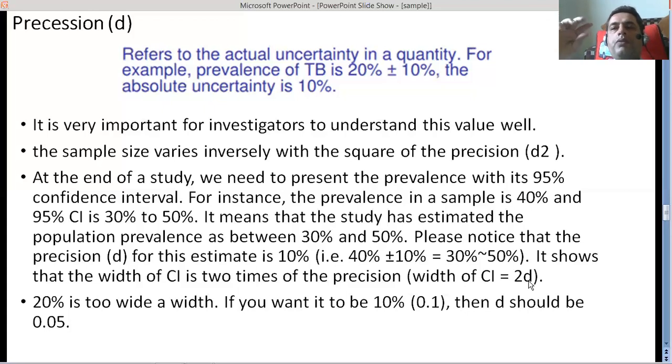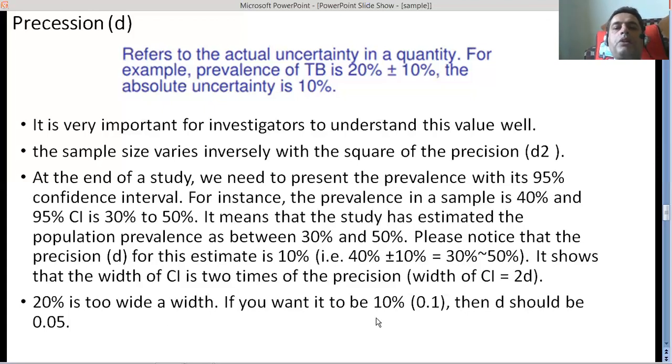So from 30 to 50 is 20%. So it's a long width of the confidence interval, and when the width of the confidence interval is larger, like more than 10%, here it's 20%, then it's not a good study, and it's not a good estimation of prevalence of a particular condition. It means that you should go for narrowing this particular window. 20% is too wide.